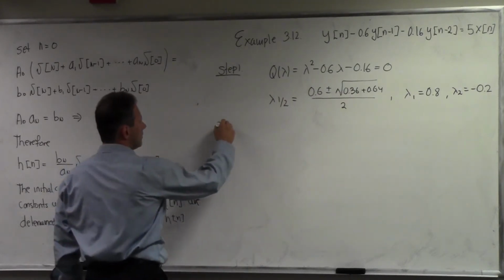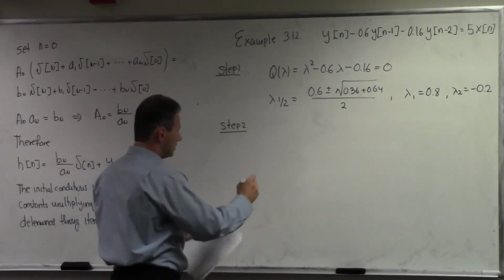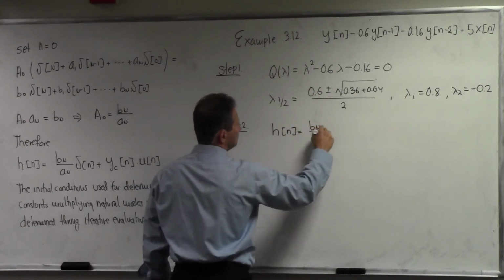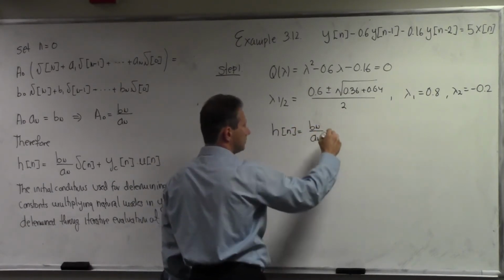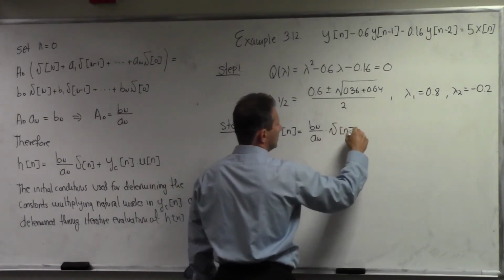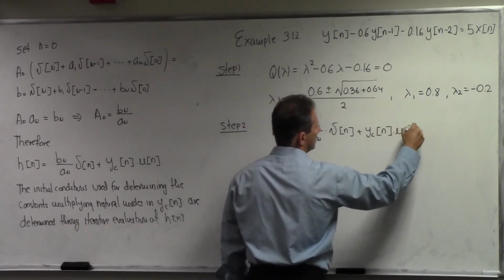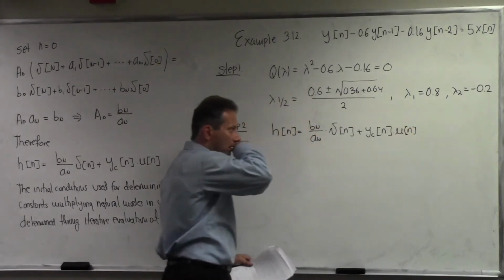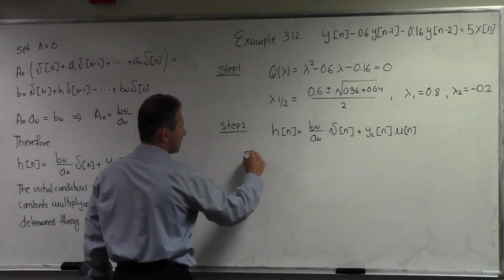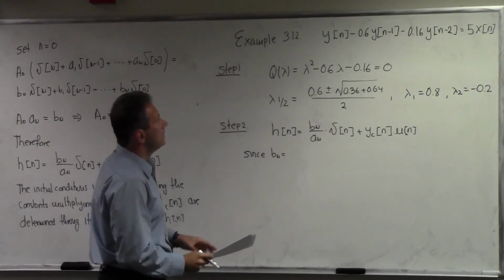And at this point, I can write the full format of my impulse response. I know that the impulse response is in the form of Bn over An times delta of n plus Yc of n times U of n. This U of n is the step function. Since Bn in this case, and what is the Bn?